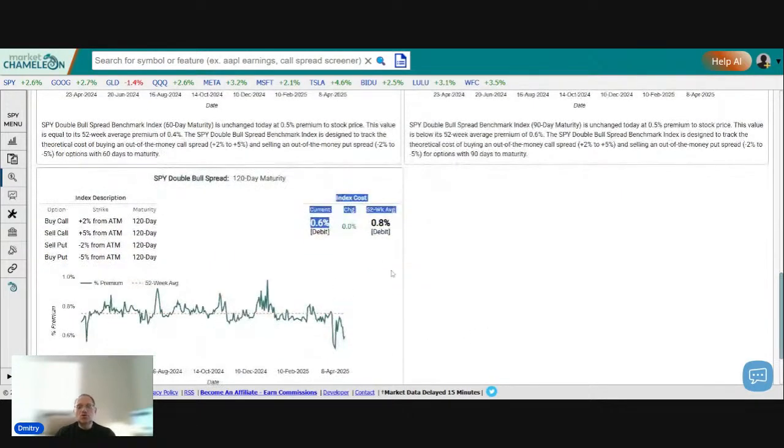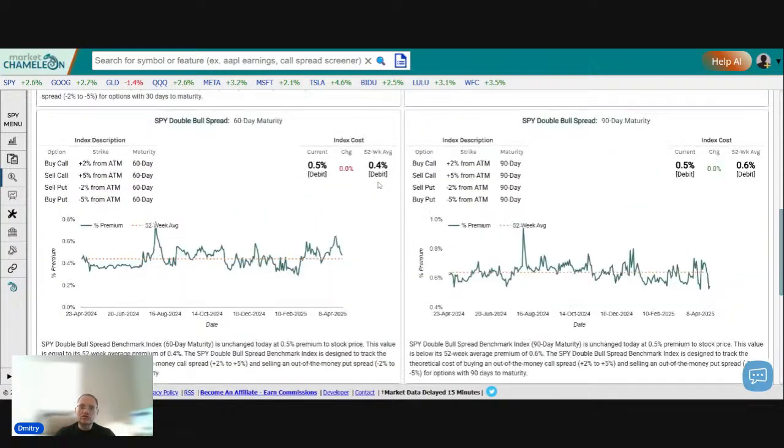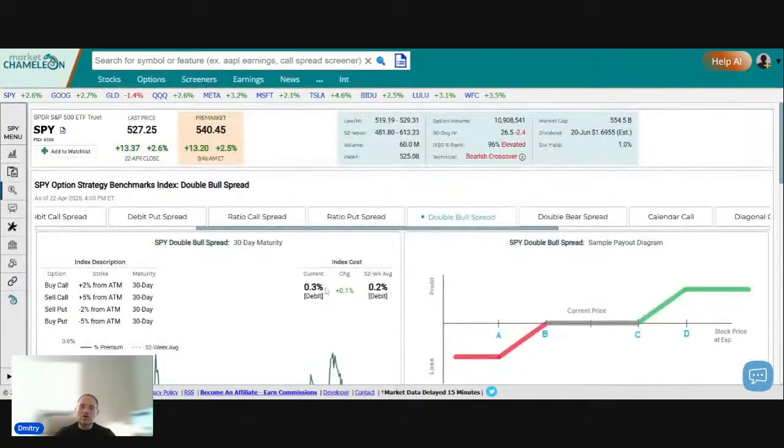So this allows you to look at that strategy and not only compare within one maturity, but also compare along the term structure, the relative cost of this strategy going out further than 30 days.